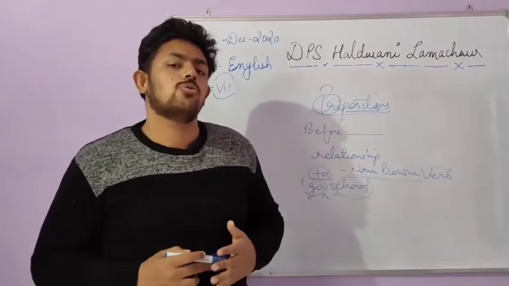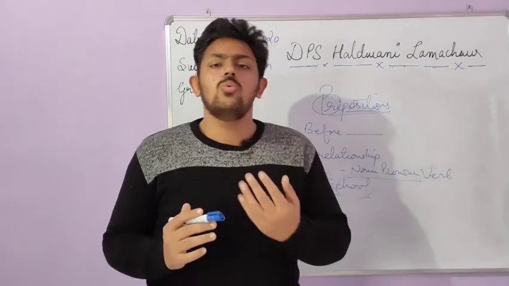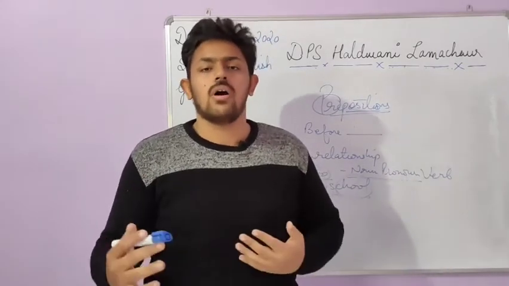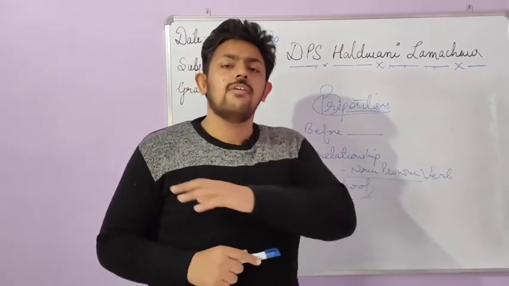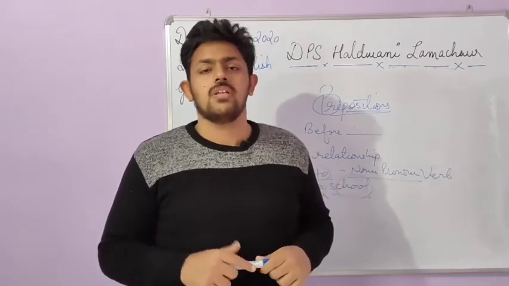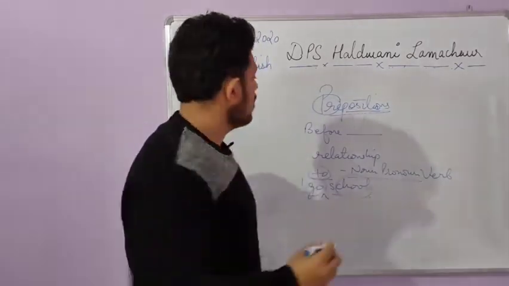Prepositions come between two different words like noun, pronoun, verb, or any other word, and they define the relationship. The book is on the table.